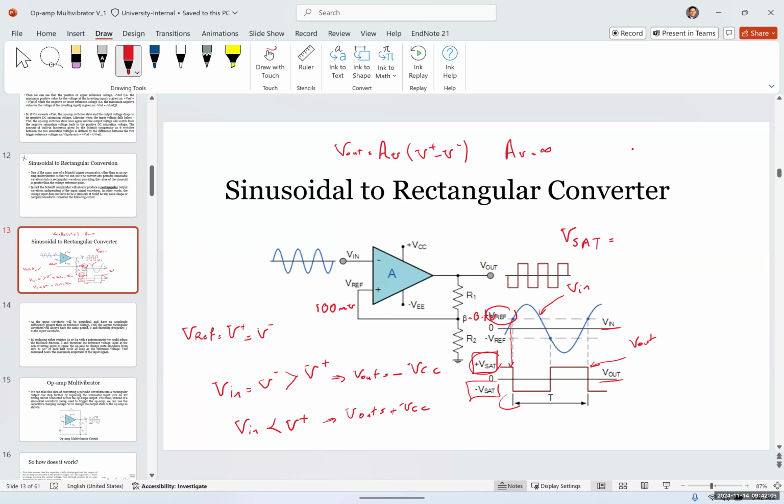So positive V saturation is usually positive VCC minus 2 volts or 1 volt, and negative V saturation is usually negative VEE plus 2 volts. So if VCC and VEE are positive 15 and negative 15, usually VSAT is between positive 13 and negative 13.